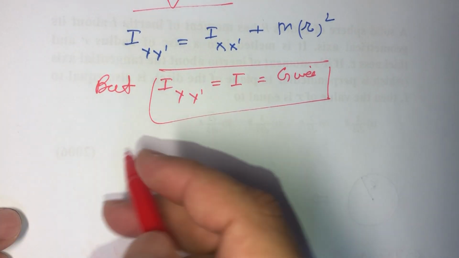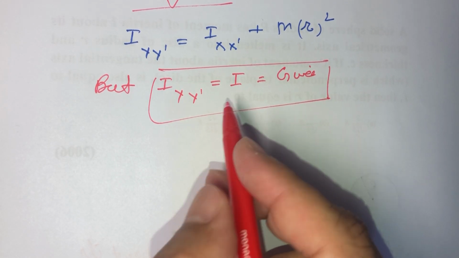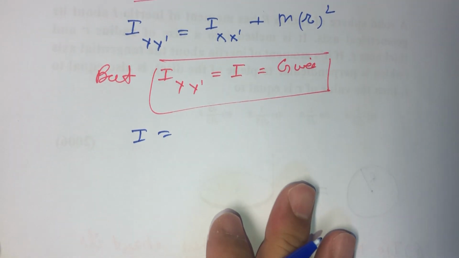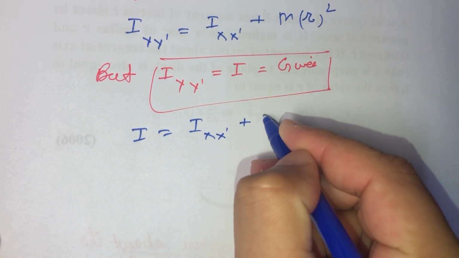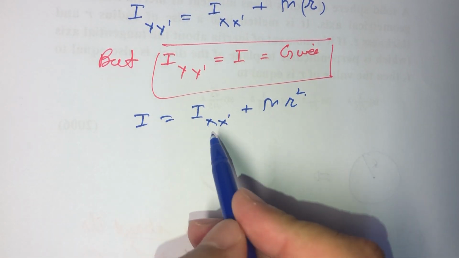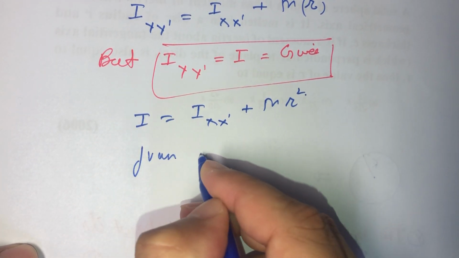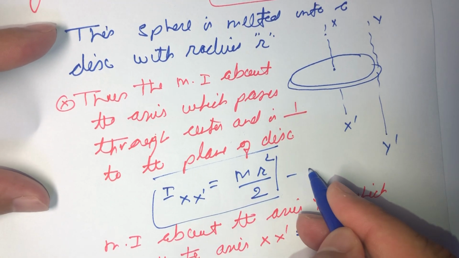Therefore, we can write this as I is equal to I x prime plus m r square, and we already know the value of I as well as I x prime. So I is from equation 1, and for I x prime, let us call this equation 2.